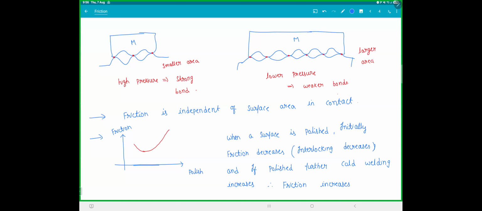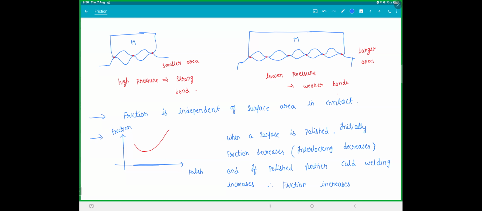Clear with this? Can you imagine how a perfectly smooth surface would look? Most people imagine a flat surface with no bumps, but it doesn't look like that.